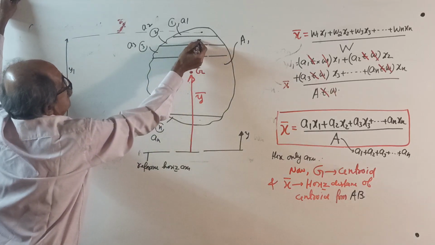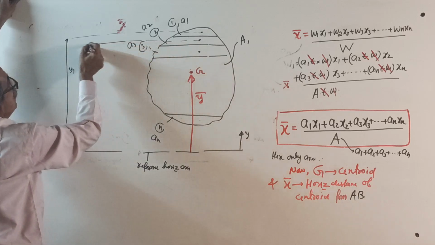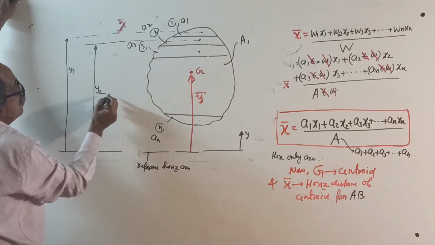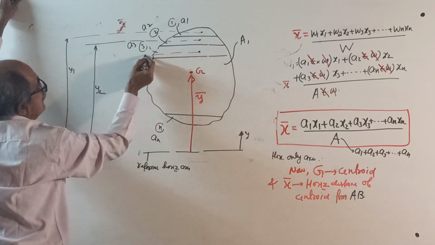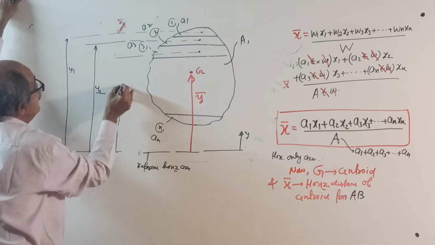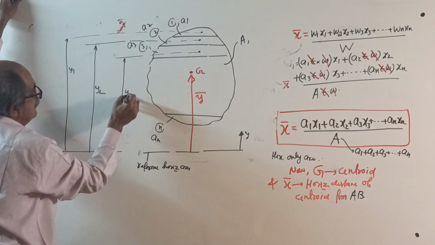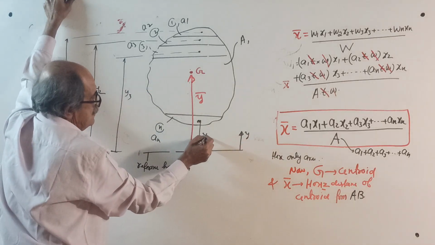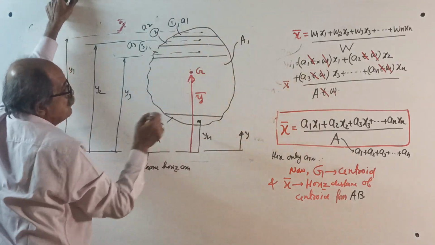For figure 2 it is Y2, figure 3 it is Y3, figure N it is Yn. For the entire area it is Y bar.